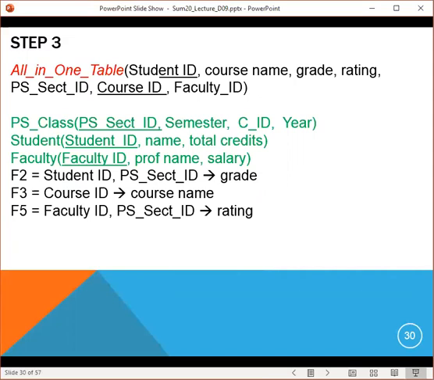And notice that our all-in-one table continually gets smaller and smaller as we remove the offending fields with functional dependencies. And notice how we are leaving keys in the original table so that we can link them together and join the original table with the new tables that we're creating.